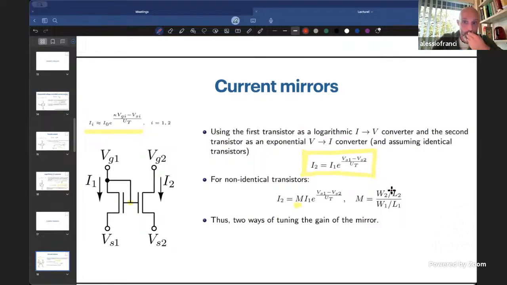Because you are working at such small scale, if you take two transistors that in your mind will be identical, in practice they will never be identical. Either you do it by design, like in a current mirror, because you want some gain, or otherwise, each time you put a transistor on a chip, you will get something slightly different from its neighbor.